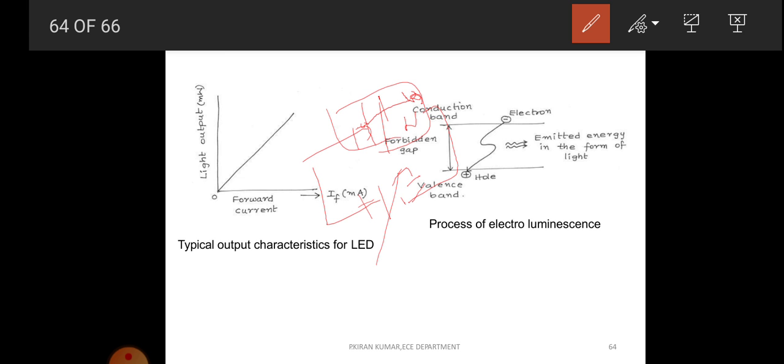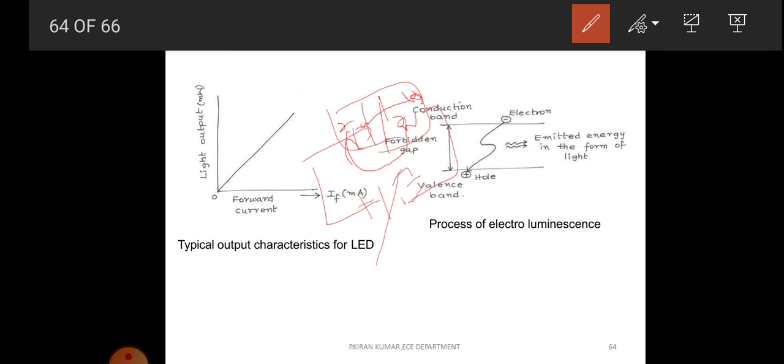So this recombination takes place, and that will release a photon. Similarly, holes move from the P region to the N region, and electrons move from the N region to the P region. Here the recombination takes place, and that releases energy in the form of a photon.